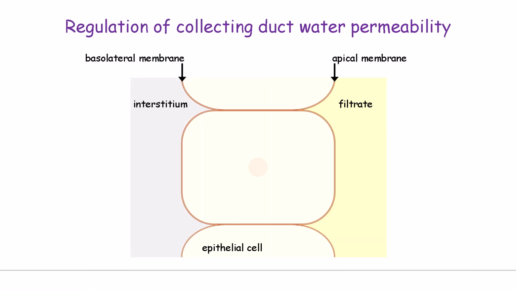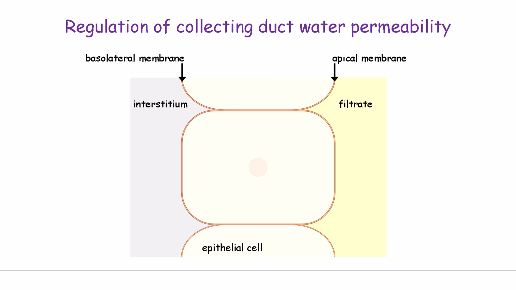Importantly, the water permeability of the collecting duct is regulated and not constant. Movement of water across the cell membrane depends on the presence of aquaporins, a family of channel proteins expressed in specific patterns across different tissues.